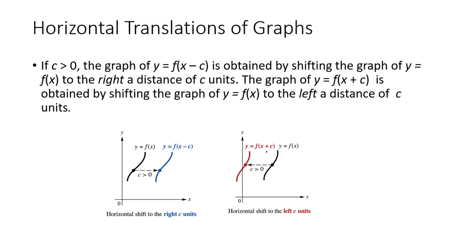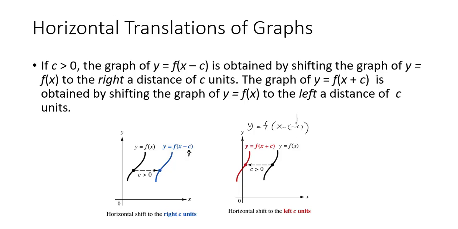It looks like it behaves opposite of what appears. If it's minus c here, it moved to the right. If it's plus c, it's moved to the left. But in reality, this number here is how much you're shifting, and this minus is part of the formula. So this is y is equal to f of x minus c, really.